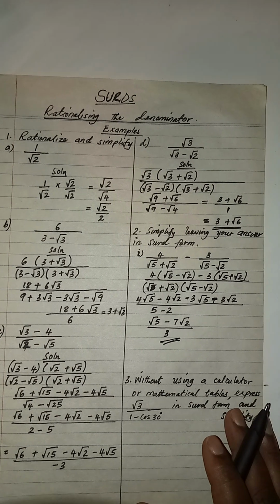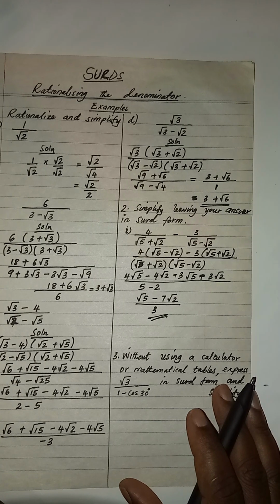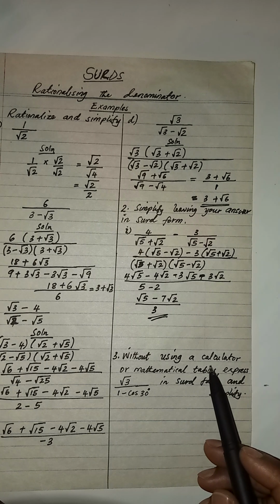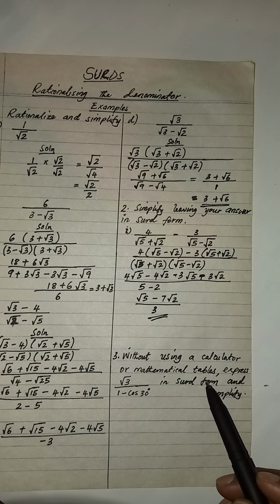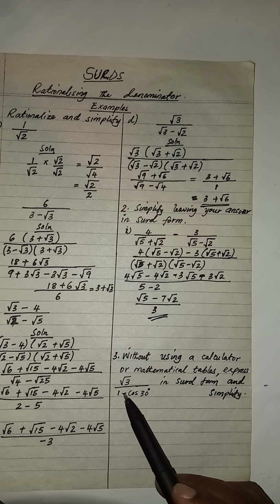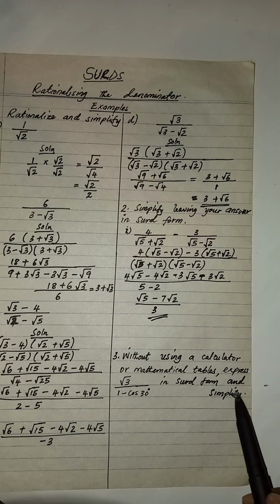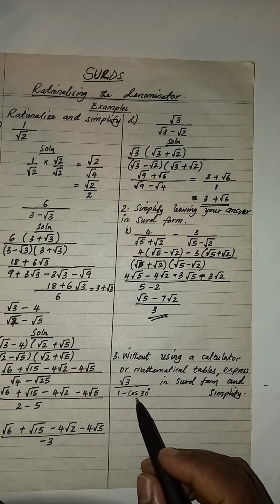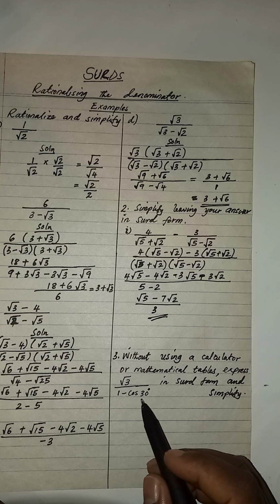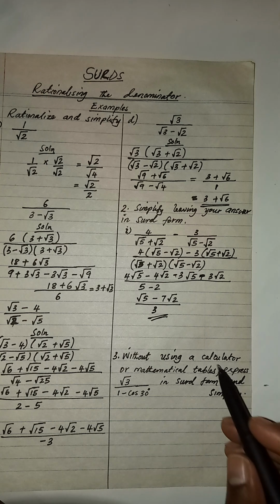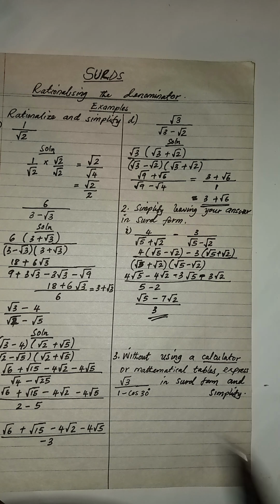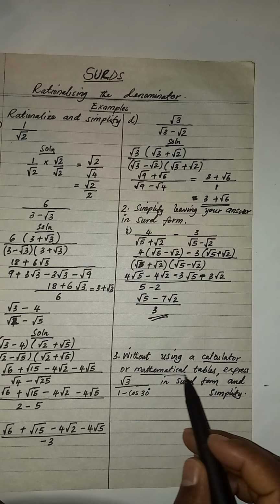Lastly, question 3. Without using a calculator or a mathematical table, express root 3 all over 1 minus cos 30 in surd form and simplify. So we want to find the trigonometric ratio of cos 30 without using a calculator or a mathematical table.